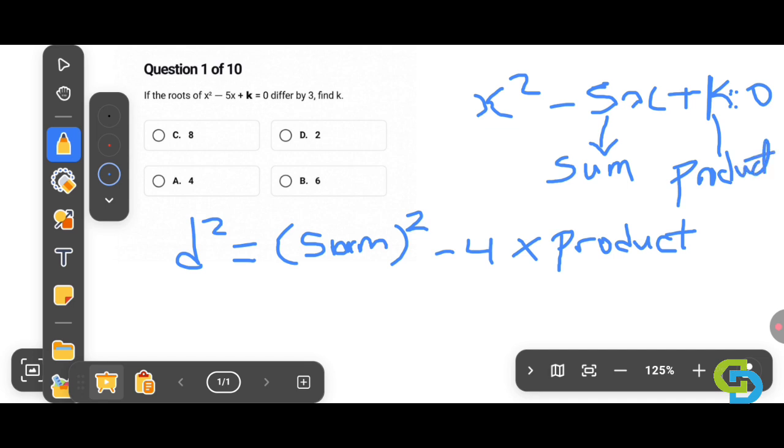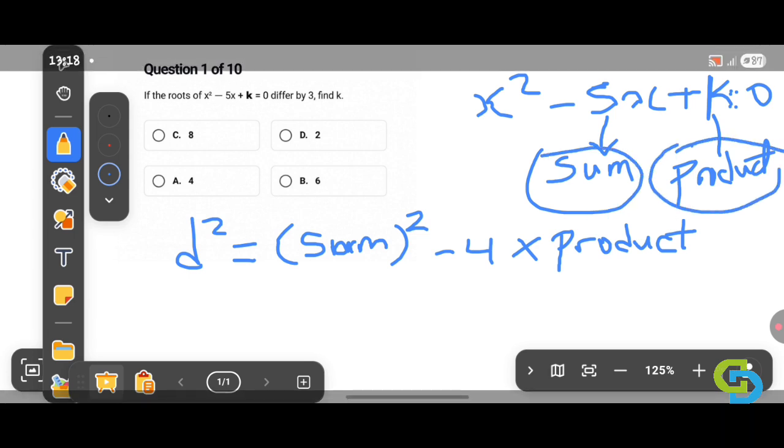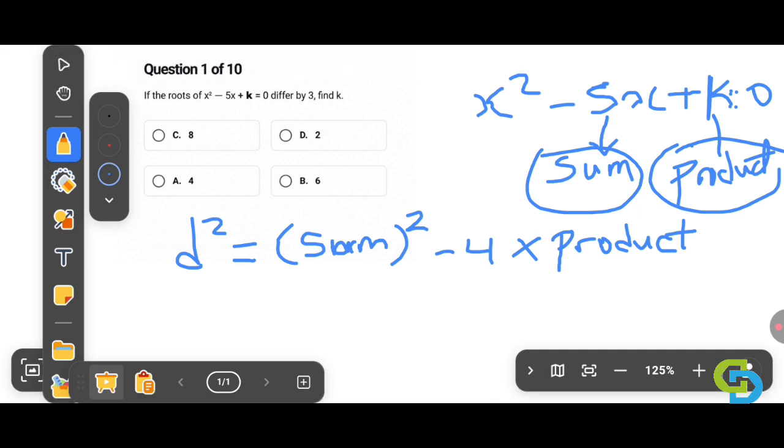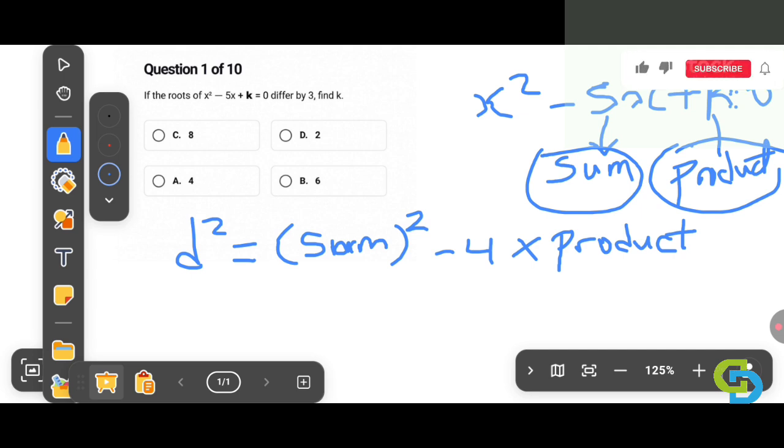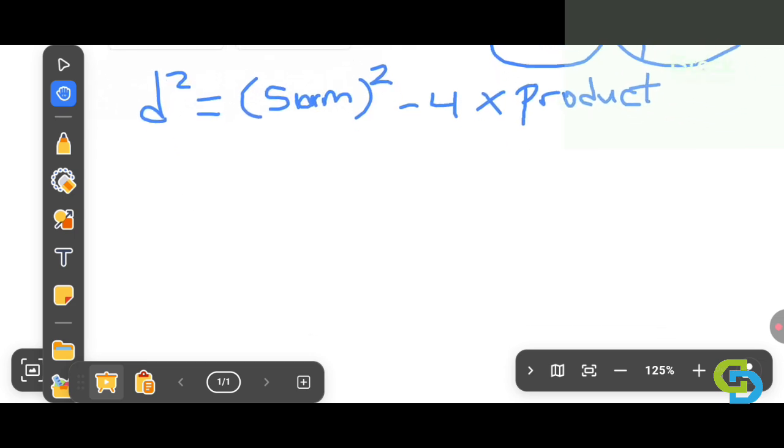When you say d squared, it just means the difference of the roots squared is equal to the sum squared minus 4 times the product. This is the formula we're going to be using for today. So let's go on.